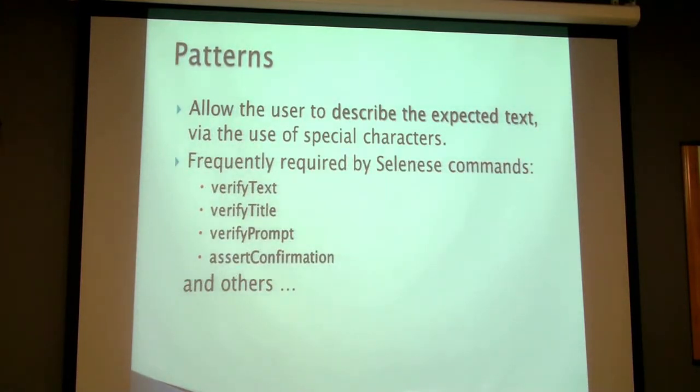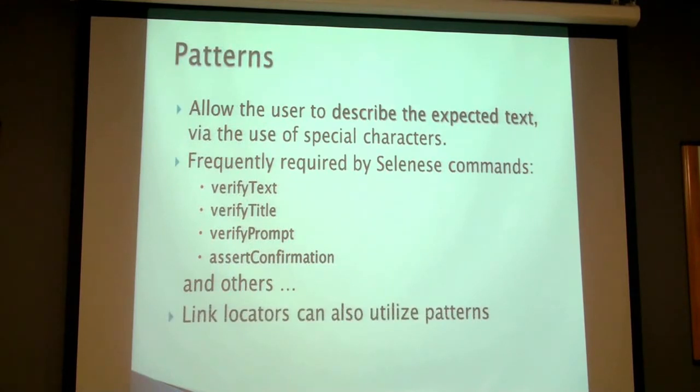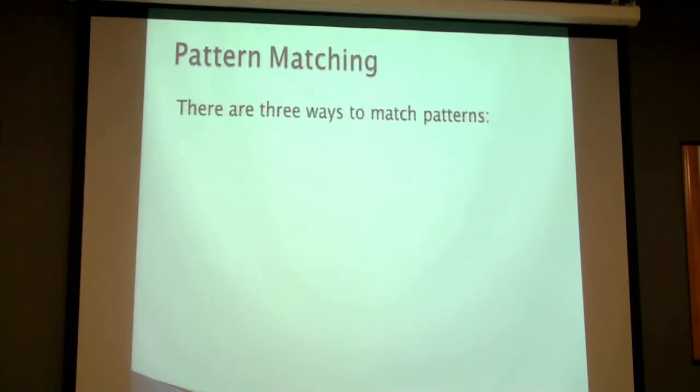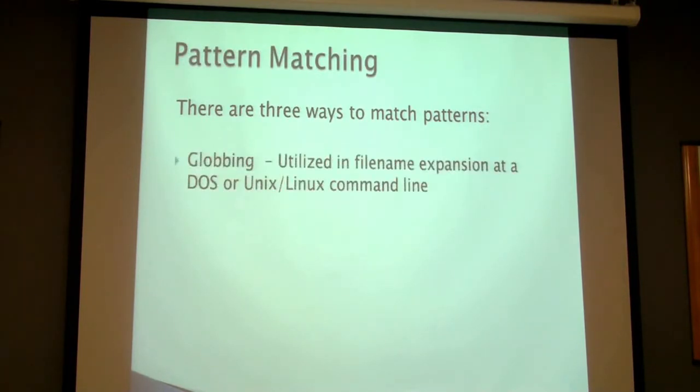Now, you can use this not only with verify text, verify title, assert, but you can also use it with links. You can say link text equals and specify matching with the link text. There are 3 ways in Selenium to match patterns, 2.5 really. There is globbing.